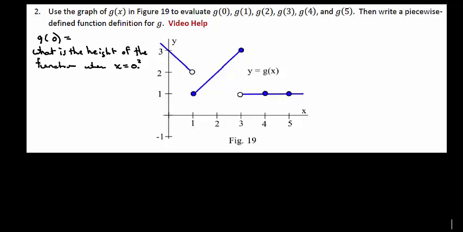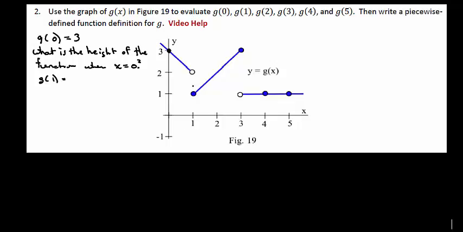Now, as you take more math classes, we can get a little bit more picky about that exact wording here, and we can talk about inputs and outputs, domain, codomain, things like that. But really, for all purposes right now, that's what we're asking. So at 0, when the x value is 0, what is the height? Well, the height here is 3. And that's as easy as that is. Okay, so there's nothing more to it than that.